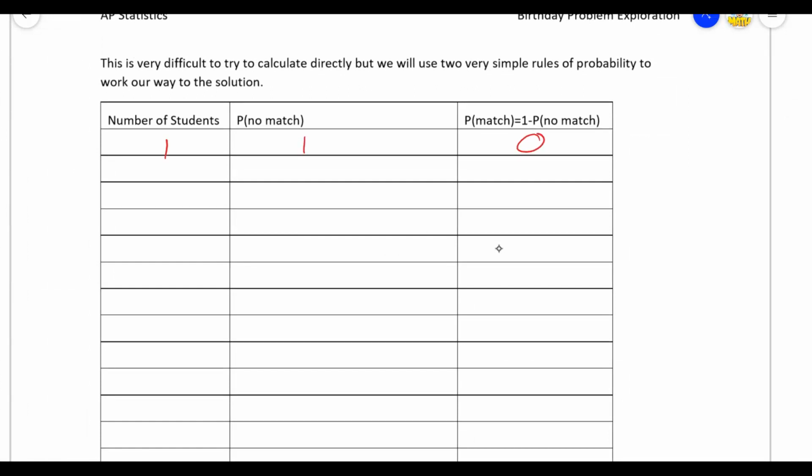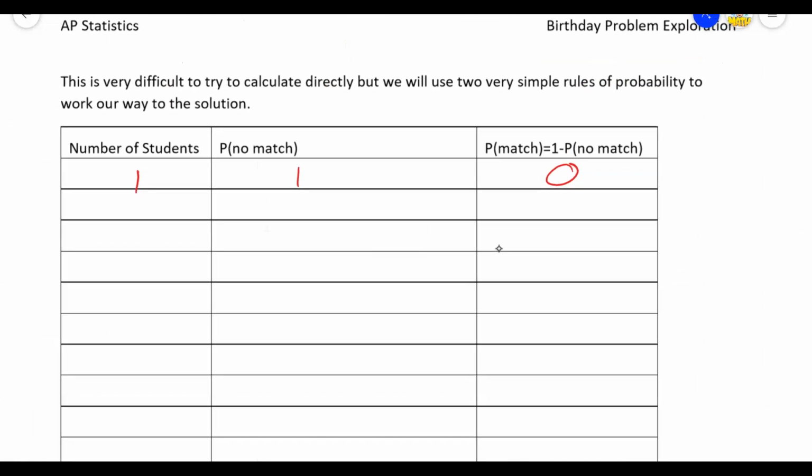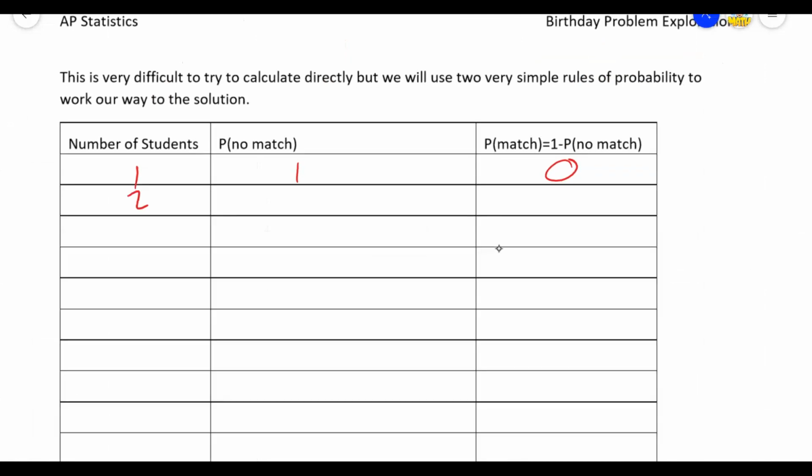The probability of a match is 0. So we can see how they add up to 1. When we bring 2 students in, and we just talked about that a second ago, the probability of no match is really, really likely, unless they were twins and they were in the same class. And then the probability that we have a match is 1 minus 364 out of 365.